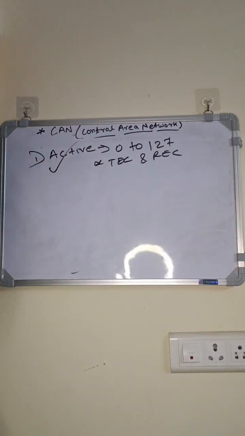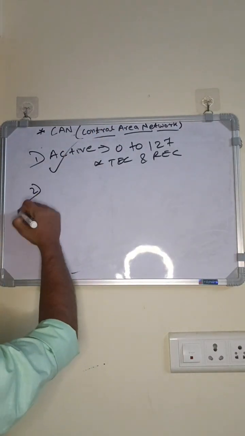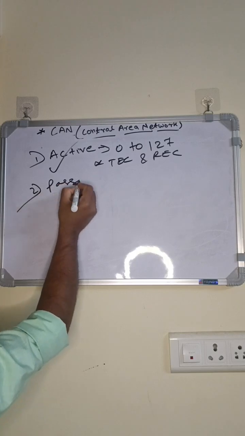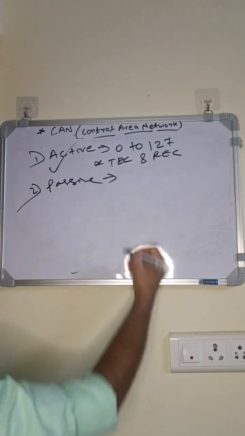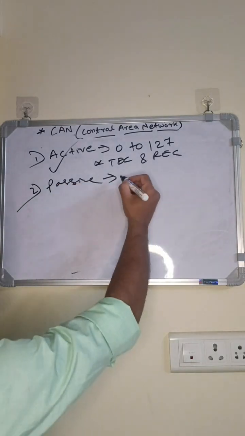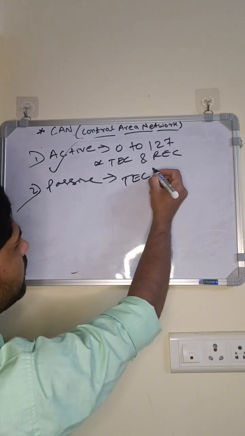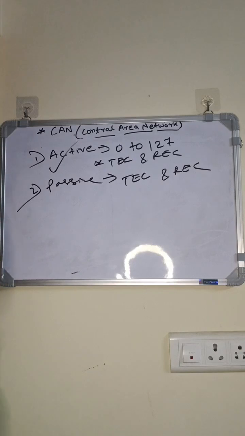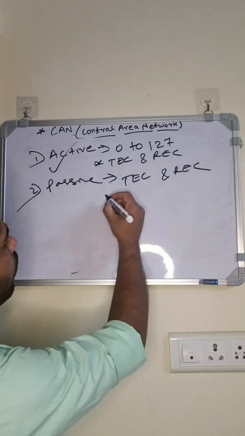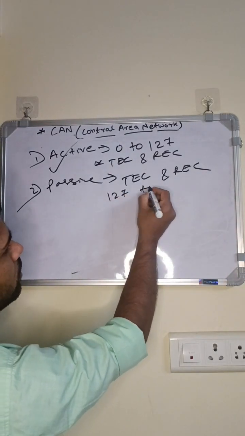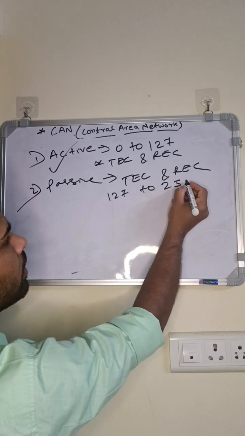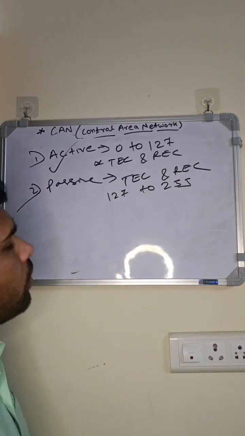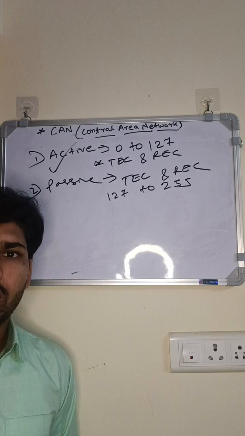Okay. Now coming to the second, passive error. So here, same TEC and REC, transmit error counter and receive error counter, it starts from 127 to 255. So that is known as the passive error state.